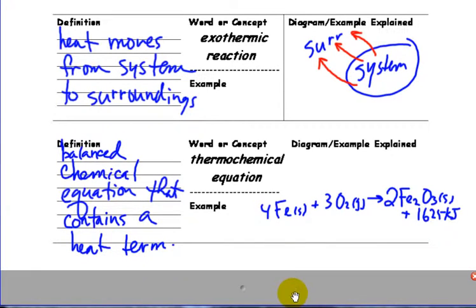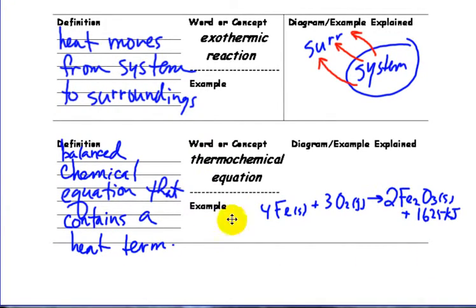Thermochemical equation, it's a balanced equation that has heat as a term right in the equation. So one that we looked at earlier, the rusting of iron, involves the release of heat. So I could write it as delta H equals negative 1625 just off to the side. Or I could include it in the reaction itself, but it would have to be on the product side.